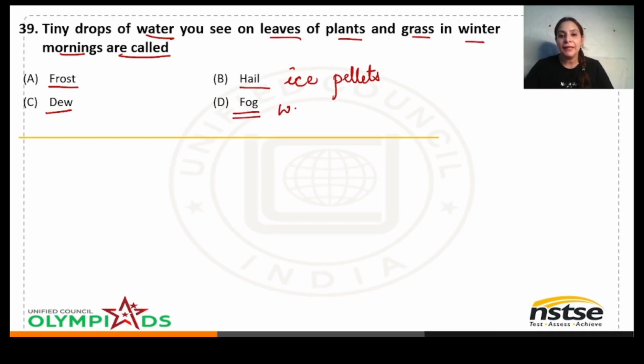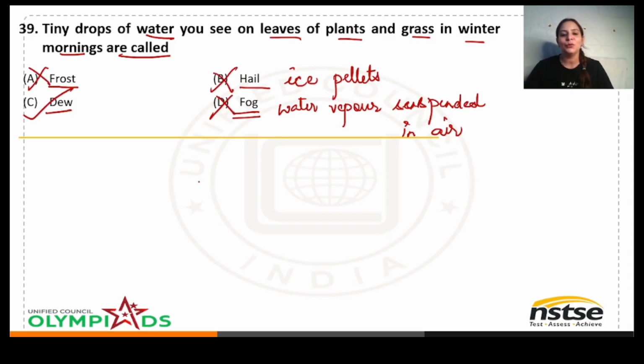Fog is basically water droplets suspended in air. So I hope you got your answer: the tiny drops that you see on leaves of plants and grass are not frost, not hail, not fog, it is dew. So our correct answer for this question is option C.